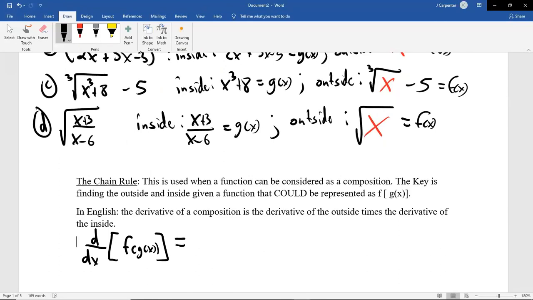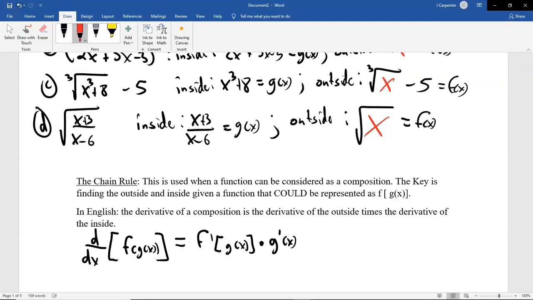So the derivative of the outside looks like this. F prime of g of x. And I am going to use brackets this time, since you wouldn't have a double bracket. This is the derivative of the outside, then times the derivative of the inside. That is not the composition circle, that is a shaded circle. Composition circles are like an open circle.